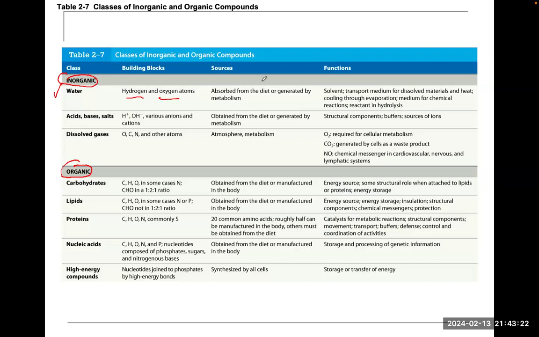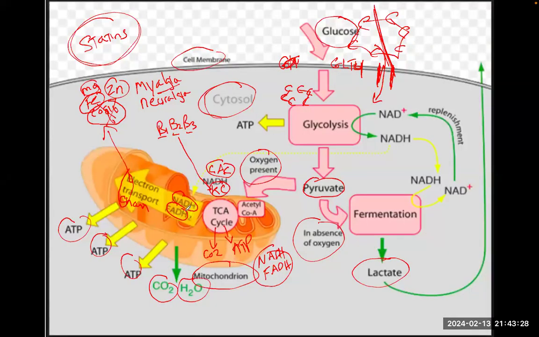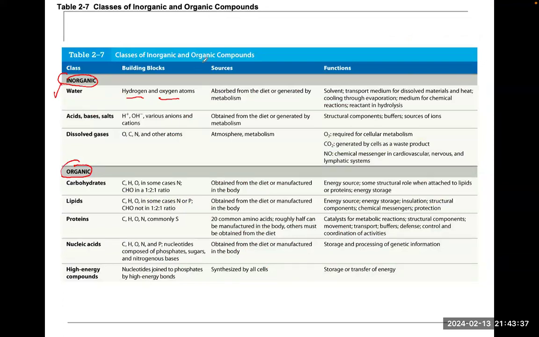It's absorbed from the diet, or it's generated by metabolism, just like we showed you here. Metabolism through energy production, the body, one of its end products is water and CO2. We also talked about acids and bases and salts. So acids, bases, and salts.